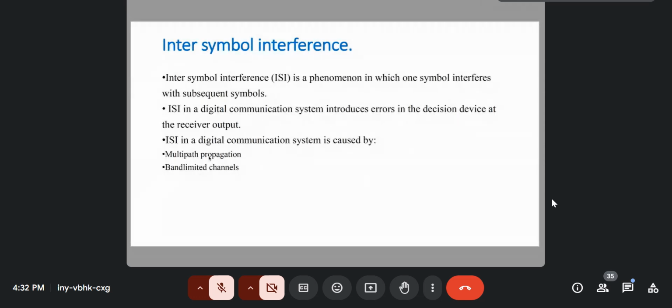But you can also have another copy of the same signal that goes and hits a building and gets reflected in all directions. But one of them ends up going to the receiver for whom the signal is meant.